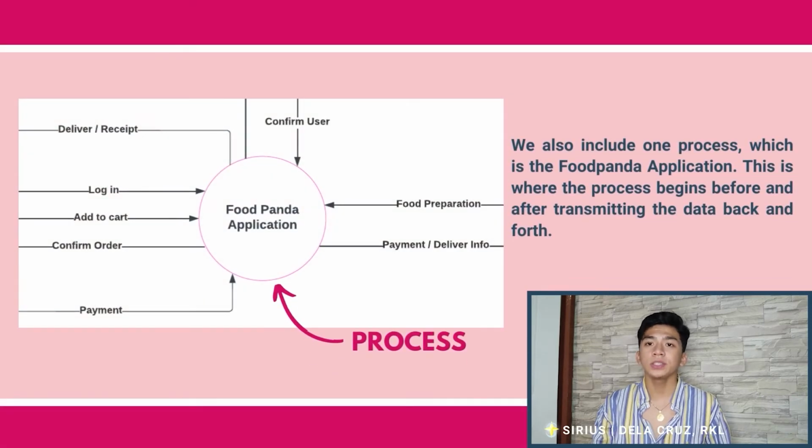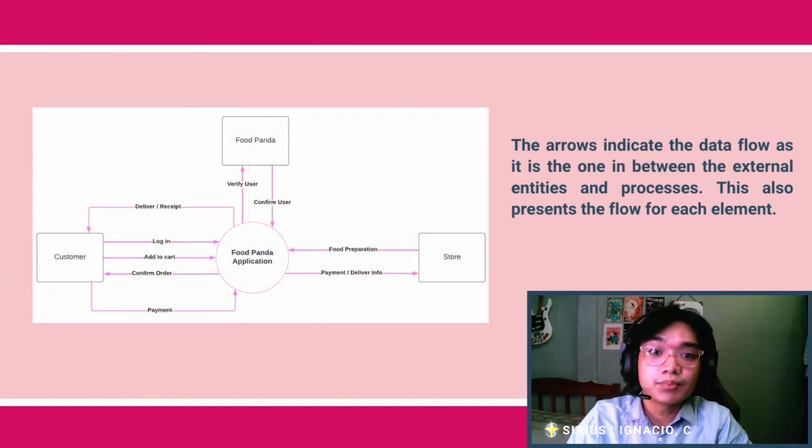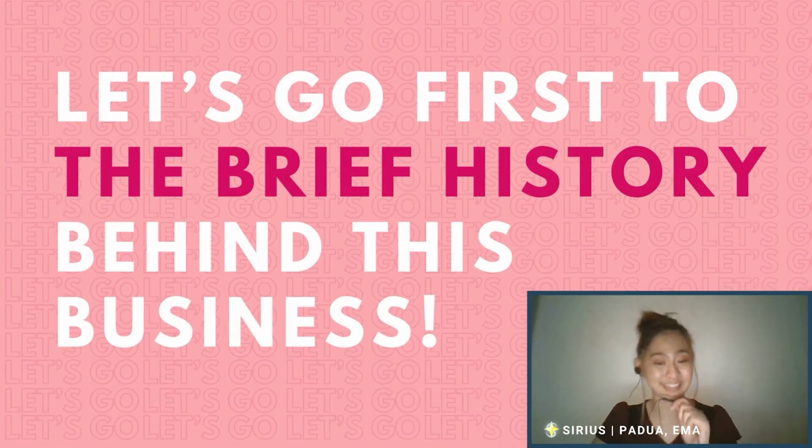We also include one process, which is the Food Panda application. This is where the process begins before and after transmitting the data back and forth. Lastly, the arrows indicate the data flow between the external entities and processes. This also presents the flow for each element. We will be explaining the data flow altogether later.